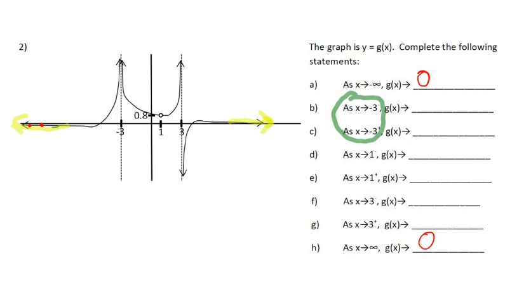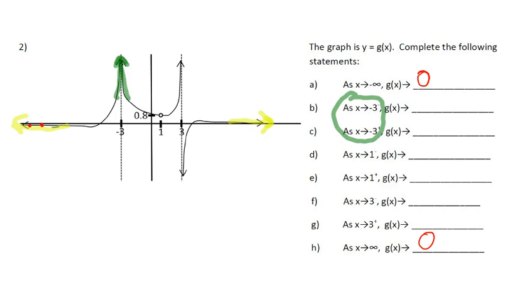All right, now let's look at the next pair of questions. The x value is positive 1, and D is asking about positive 1 on the left side. E is asking about positive 1 a little bit to the right side. What kind of issue do I have at positive 1? An asymptote or a hole? A hole.